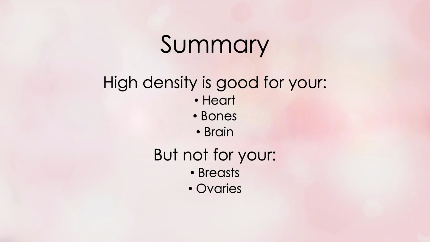And for epithelial ovarian cancer, it's the quantity of solid material in an ovarian swelling. So the chart is your summary. But the bottom line is that high density is good for your heart, bones, and brain, but not for your breasts and ovaries.